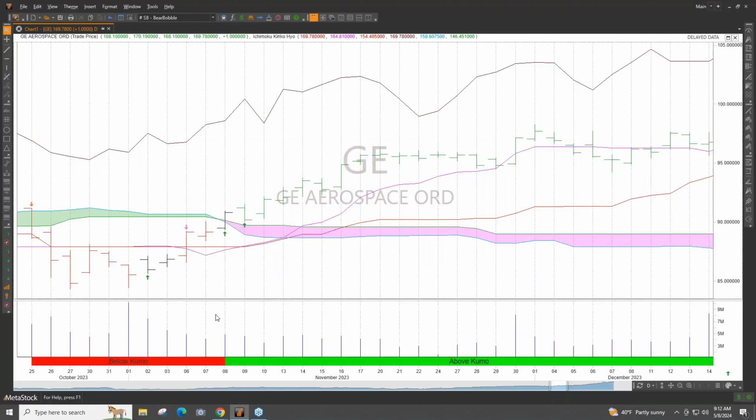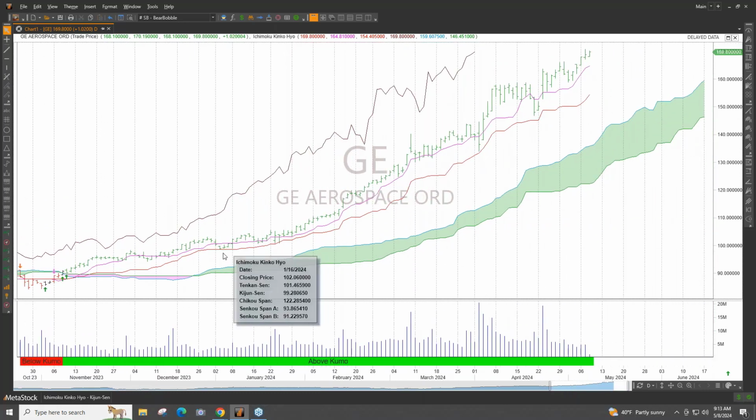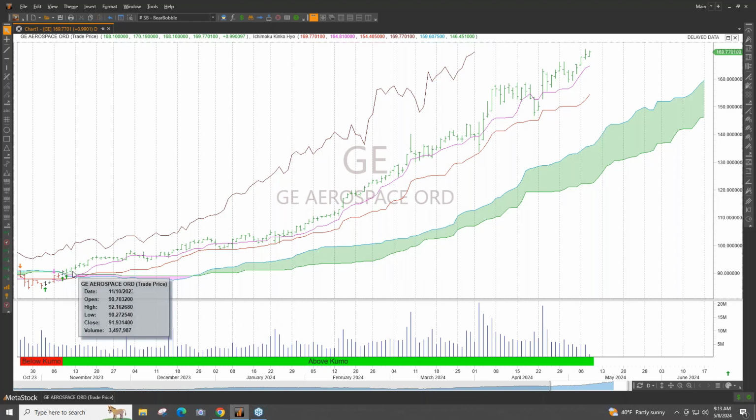So if I'm looking at my chart of GE, if price is up above the Kumo or the cloud, that's a bullish signal. So right here, you can see where it's above the Kumo. It just means that you're actually in a bullish phase. And with GE, just because of the magnitude of the trend, we've been in a bullish phase for quite some time on the Kumo. It started right back here where we went above the Kumo. So that's another way we can measure bullish or bearish.